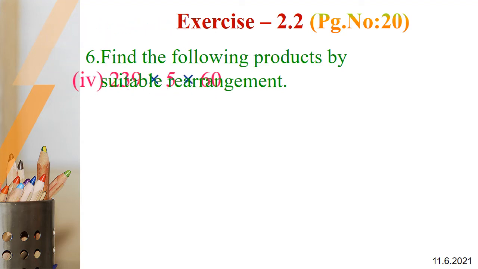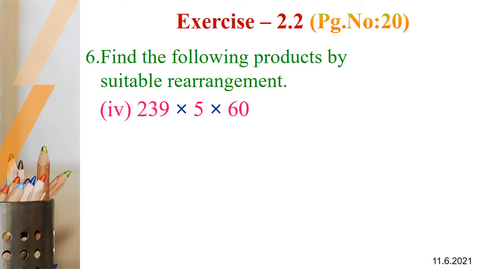The given sum is 239 × 5 × 60. First we will observe the digit at the ones place of the given numbers. We rearrange the numbers so that the product of two numbers is 10, 100 or 1000 like this.